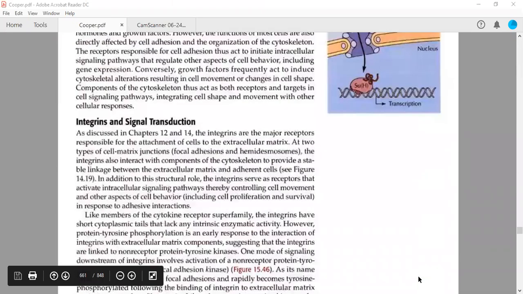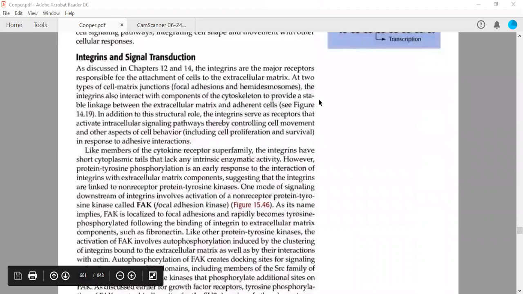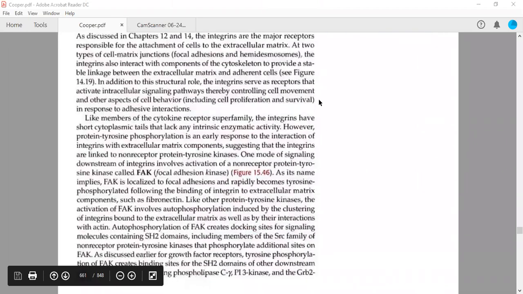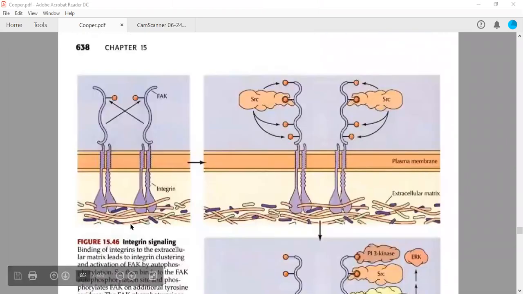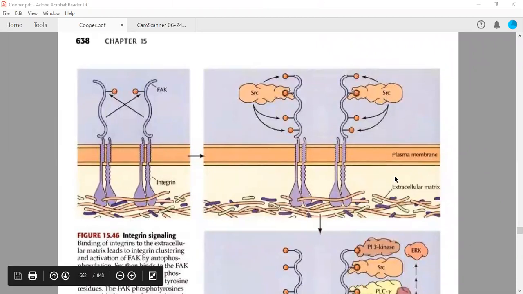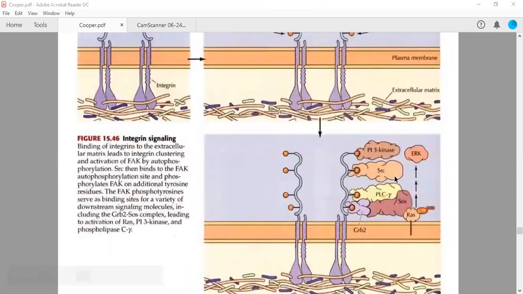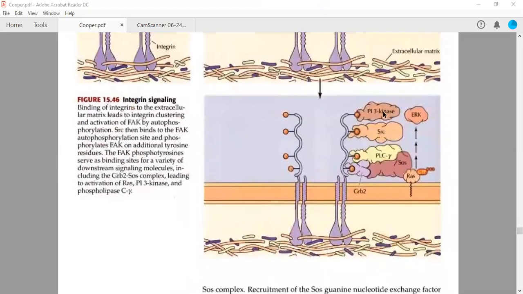Then we have discussed integrins. Integrins have two types of roles. They either interact with the extracellular matrix, or they are involved in cell signaling by various means, not only by the SRC proteins. They are also involved in PI3 kinase mediated signaling, or the protein kinase B, AKT signaling.